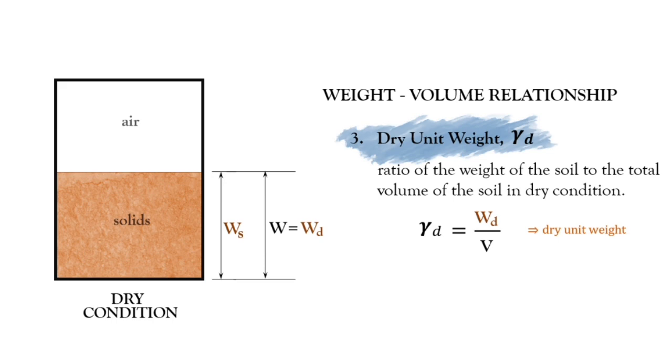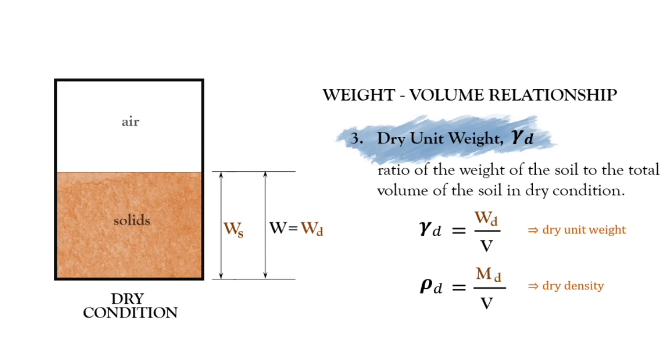So, we have the dry unit weight by definition or by expression. This is gamma D is equals to the dry weight all over the total volume of the soil. So, pwede mong gamitin yung sa dry weight, yung weight of the soil solids. So, walang problema yan. Or pwede kang gumamit in terms of mass. So, meron kang tinatawag na dry density. So, yan yung number 3 natin.